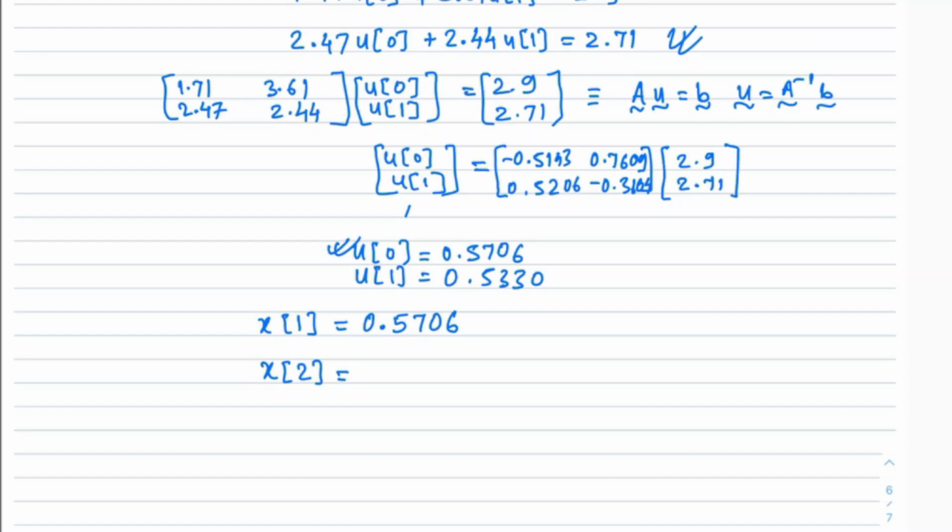So u0 has been implemented, and now I have x2 as 0.9 into x1 plus u1. So 0.9 into 0.5706, this would result 0.5135 plus 0.5330.